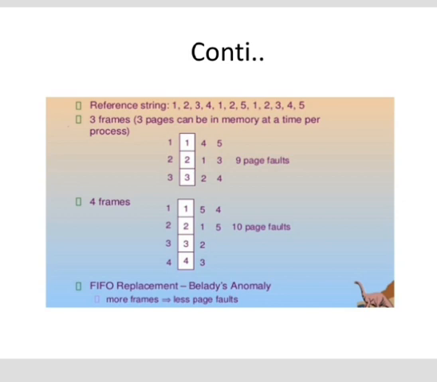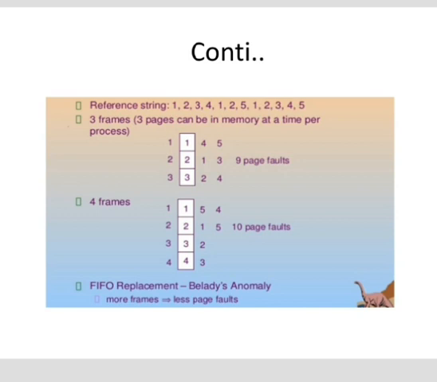So hit ratio is given by number of page hits divided by length of reference string. So here the number of page hits is 3.